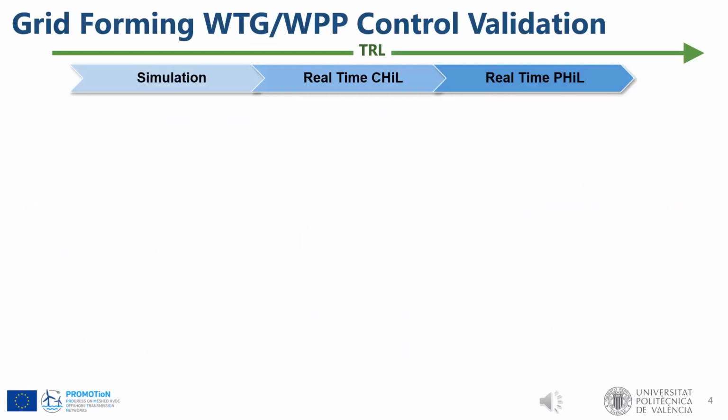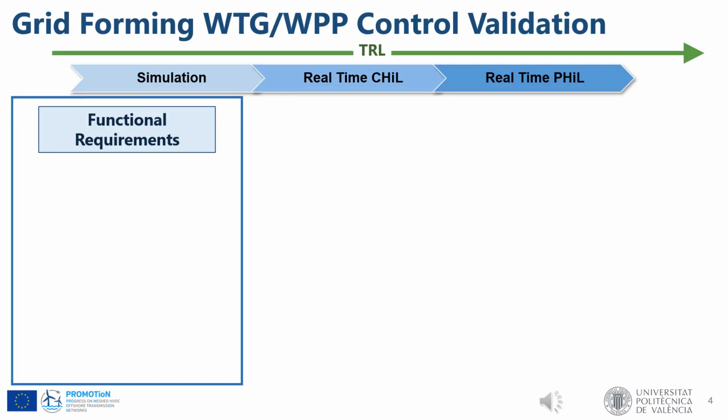Our main aim is to increase the TRL of grid forming controllers for black start operation, and the first stage is the validation using simulations. To do that, what we have done is first to decide on the functional requirements. Then we will define scenarios for HVAC black start and for HVDC black start, which will be covered by my colleagues of DTU later on.